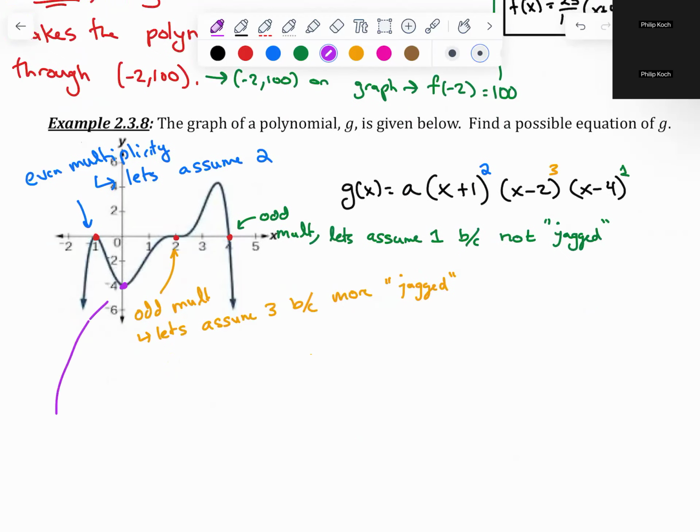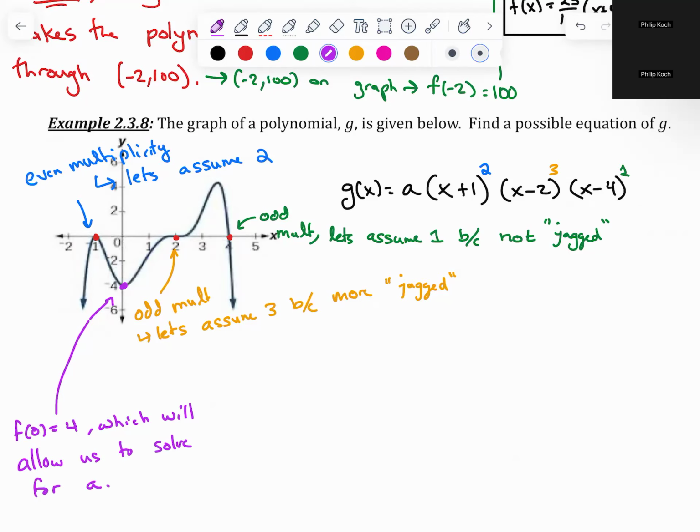So f of 0 equals 4, which will allow us to solve for A. All right, so we have a point, an x value and a y value.